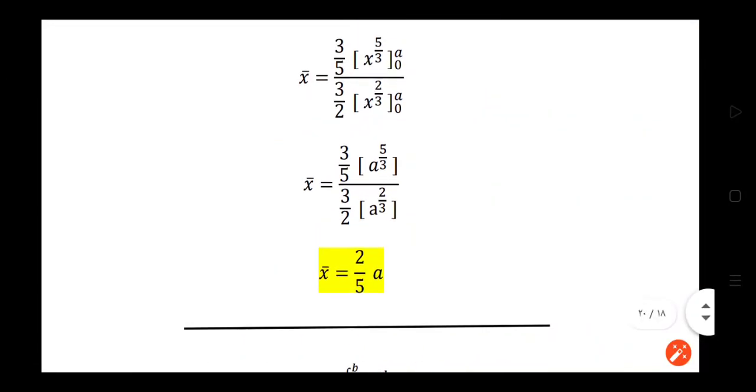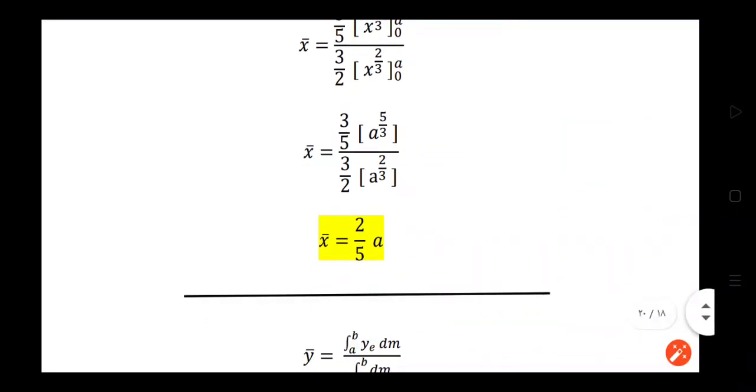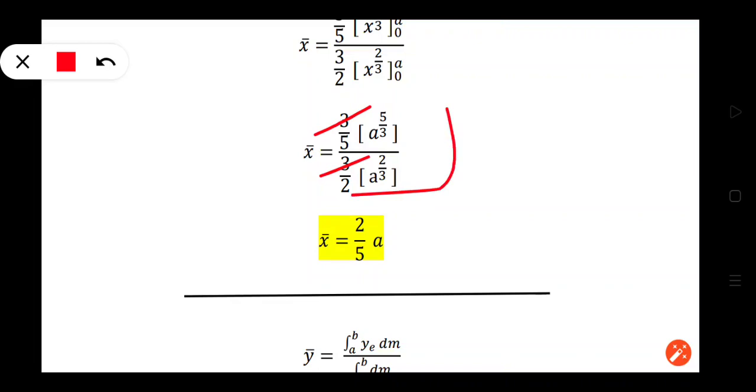We put x one time equal to a and another time equal to 0 to reach this form. So we can find x bar as 3 with 3, and 2 and 5, then it equals 2 over 5 a. That's the value of x bar.